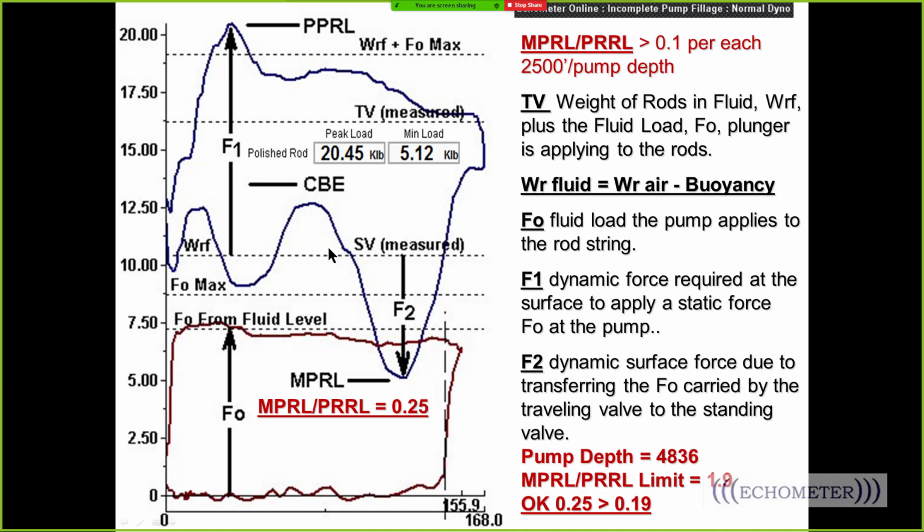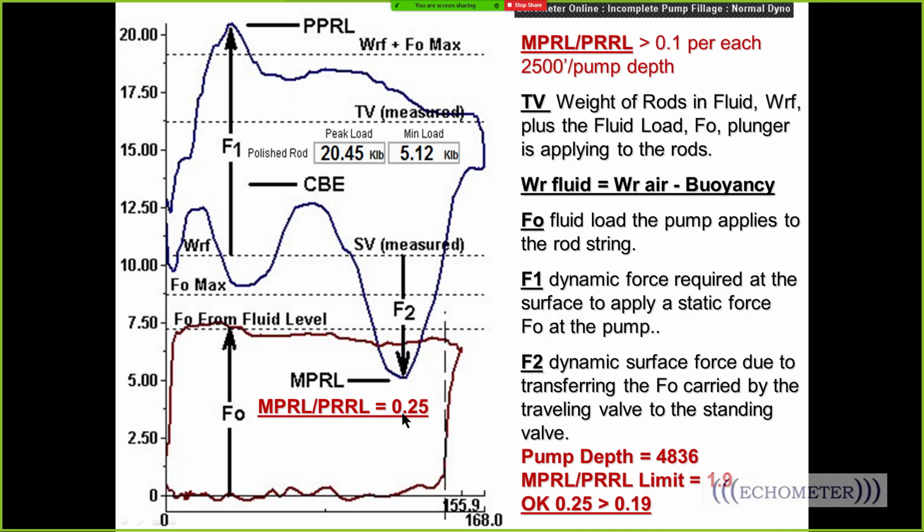Now, this is a slide that shows the peak polish rod load, which is created by us picking up the fluid load. We call it the F1 force, and this is the minimum pump load created by us releasing the fluid load on the downstroke. There are different rules of thumb.